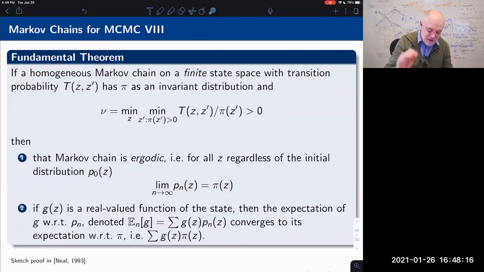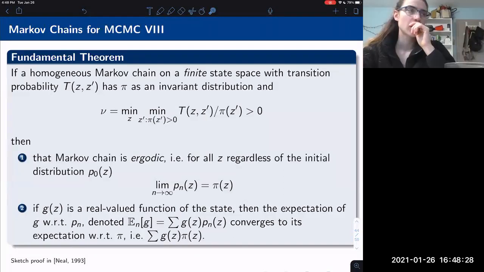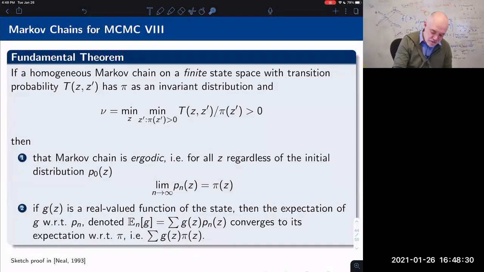So long as you can get from z to z prime, you're fine. You just have to make sure that there's some non-zero probability of going to z prime from each z. So the minimum over z and the minimum over z prime.